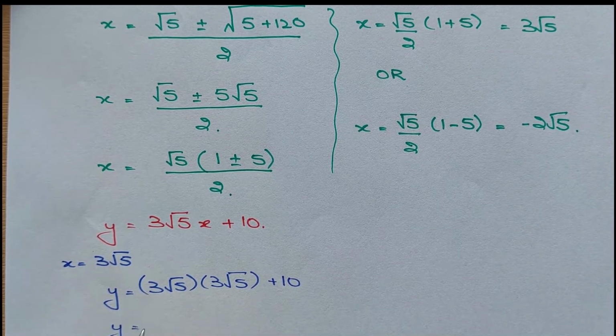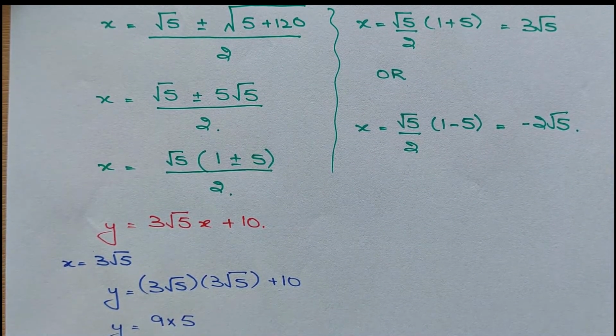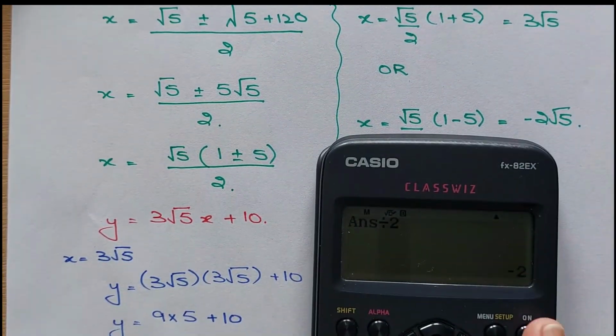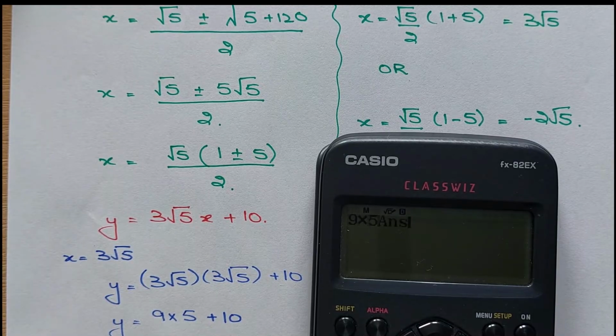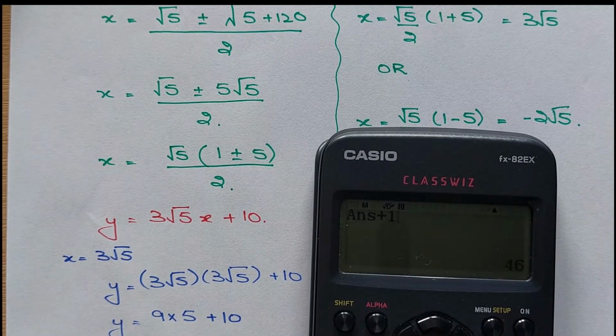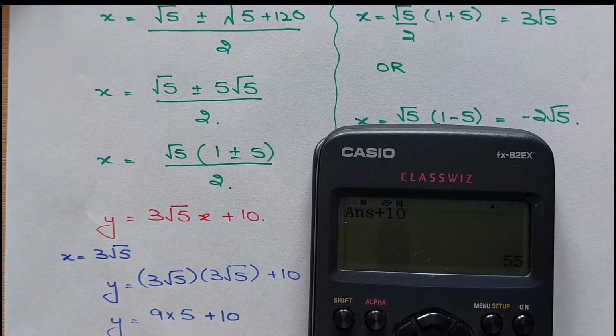So y is equal to 3 times 3 is 9, square root of 5 times square root of 5 is 5, plus 10. Okay, so now we have 9 times 5 plus 10.